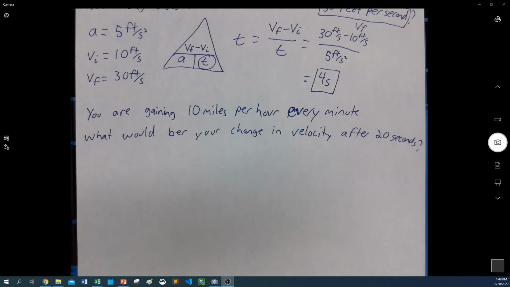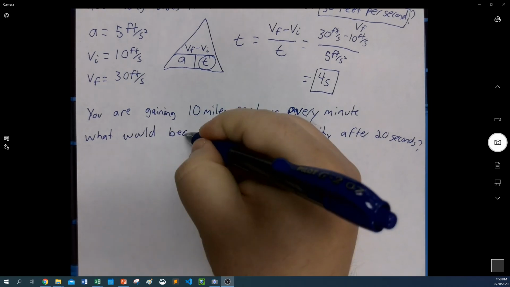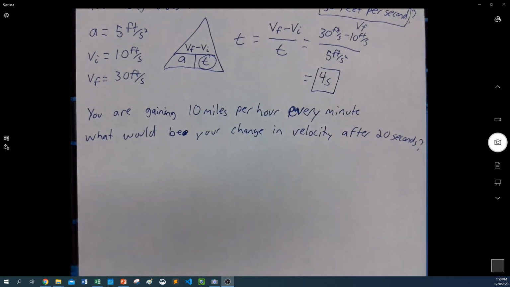So you're gaining 10 miles per hour every minute. What would be your change in velocity after 20 seconds?